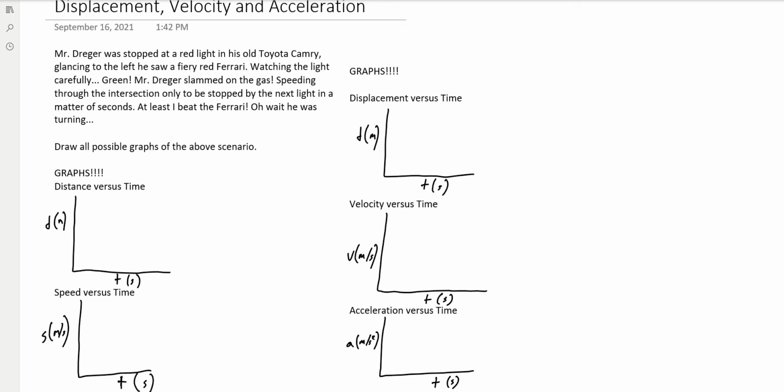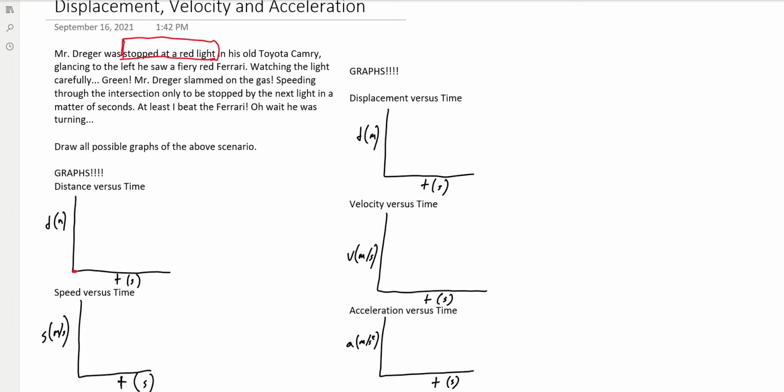So let's break it down into the different parts here. We're stopped at a red light, so that's the first key part. At the beginning, the distance is 0. Not moving.